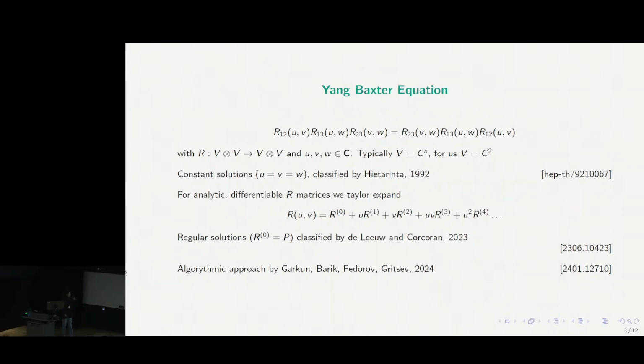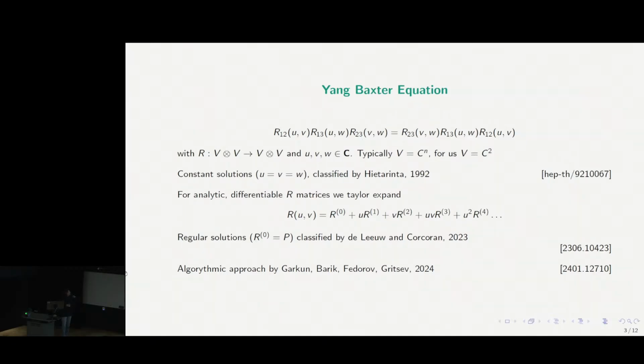In the 4x4 setting, these solutions have already been classified by Marius and Luke, who are here somewhere. Of course, the regular solutions are also probably your favorite solutions, like XXX, XXZ. They correspond to regular solutions. Still, we wanted to complete this classification by also asking, what happens if this is something other than the permutation matrix?